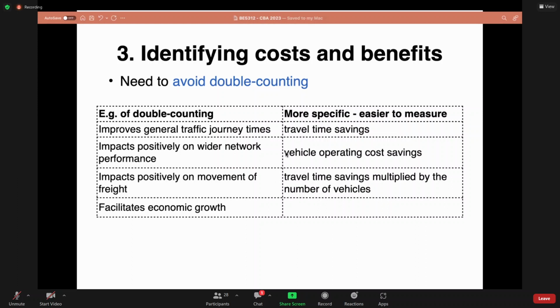If you say travel time savings, that's easier to measure, forecast, predict, and model. Take another one: impacts positively on wider network performance. What does that mean? Does that include travel time savings or vehicle operating cost savings?